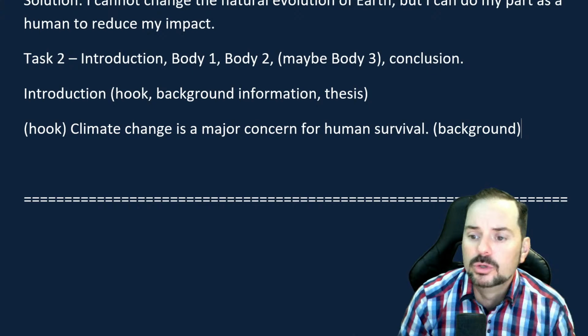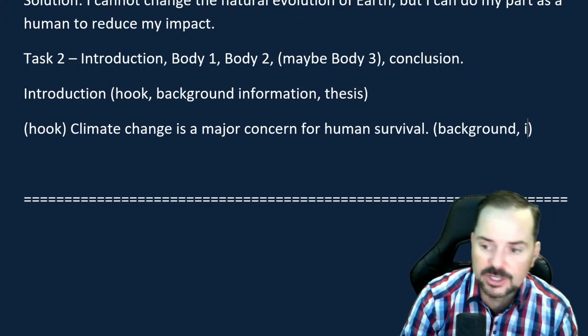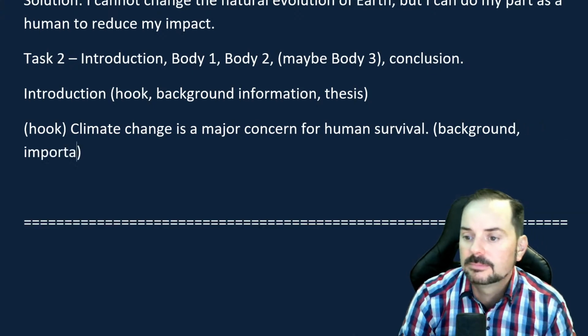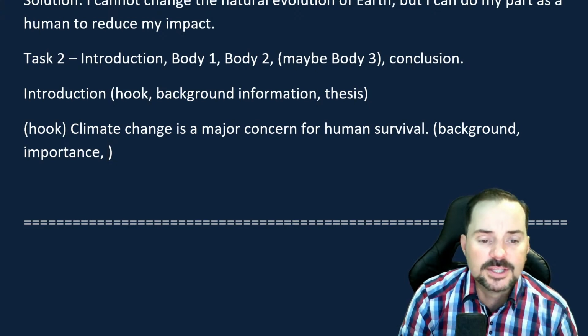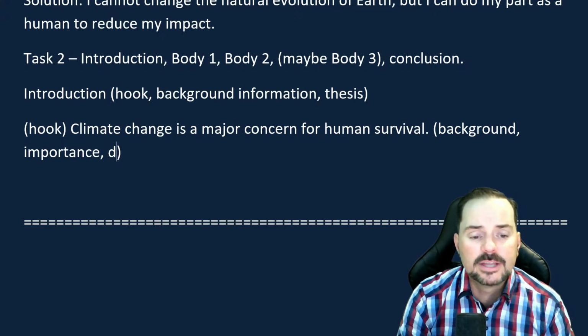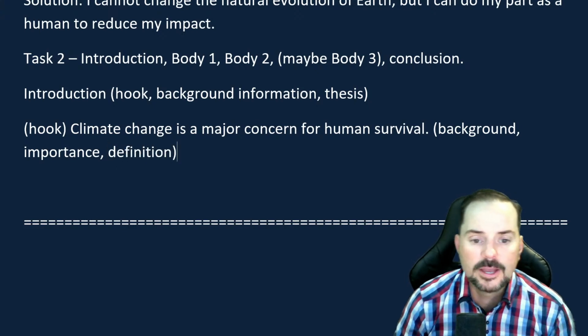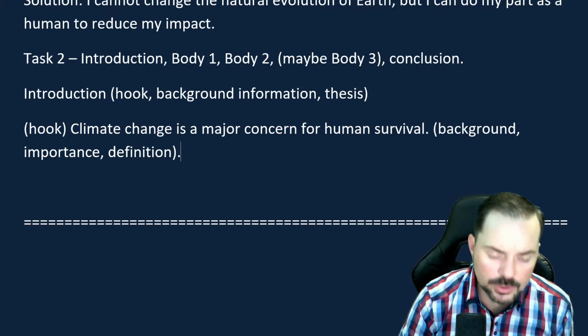Background includes the importance of the information, which I kind of have in my hook here. It's the importance and definition. Okay. And so I'm going to do that.